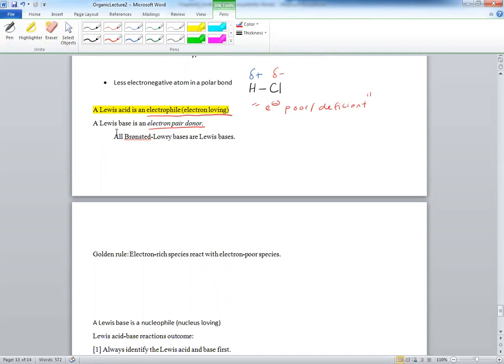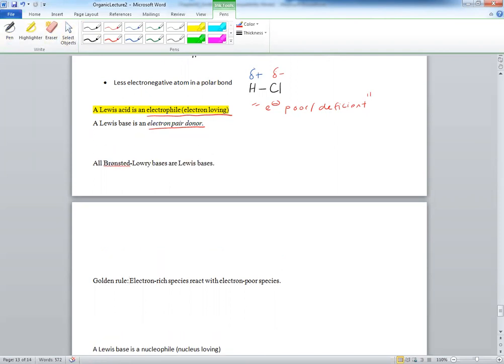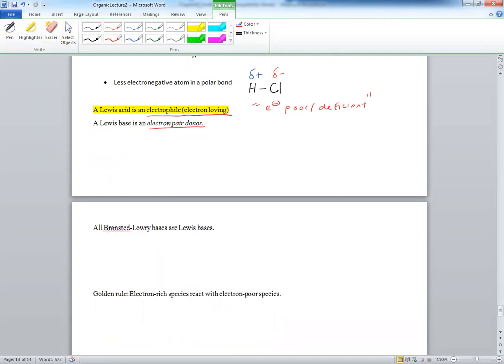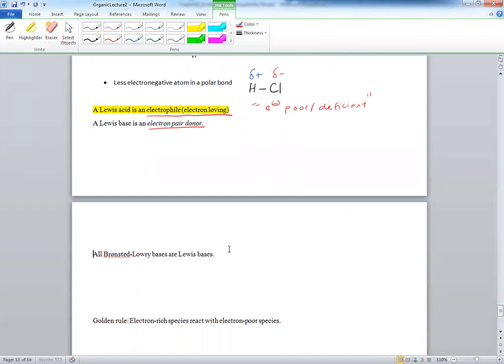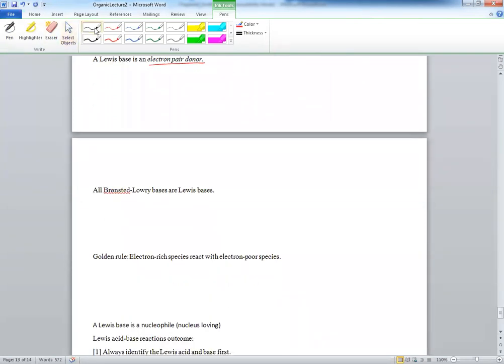So let me go to the next page here. So all Bronsted-Lowry bases are Lewis bases. Absolutely. So for example, we could not disagree with Bronsted-Lowry that this is also a Lewis base because it has plenty of electron density. So again, it can donate one of these lone pairs. In fact, water can work as well.